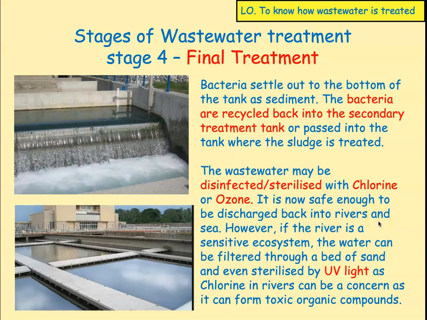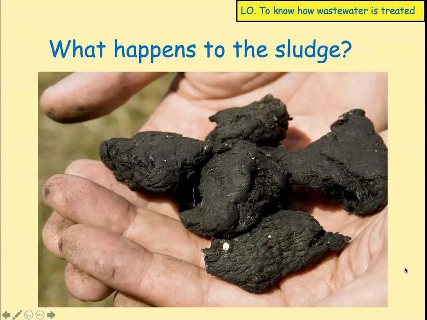It's now safe enough to be discharged back into rivers and the sea. However, if the river is a sensitive ecosystem, then the water can be filtered through a bed of sand and even sterilised by UV light rather than using chlorine, because chlorine in rivers can be a concern as it can form toxic organic compounds.